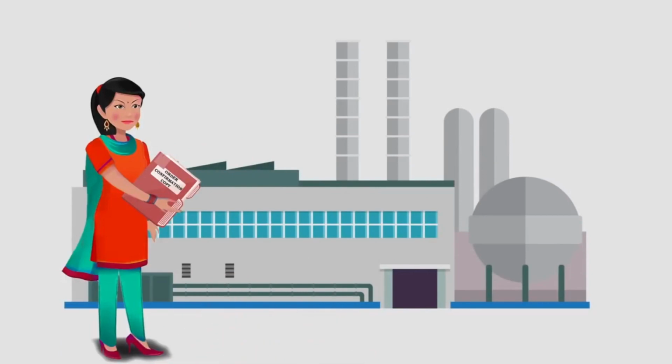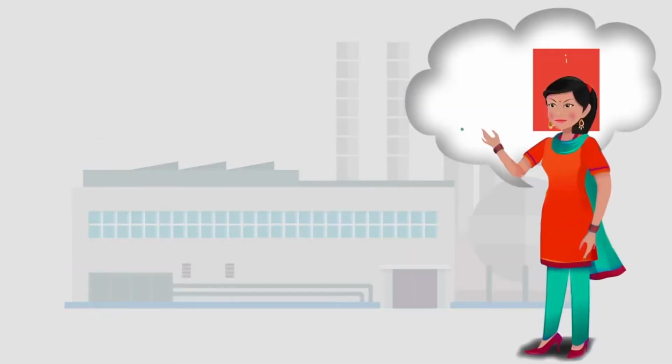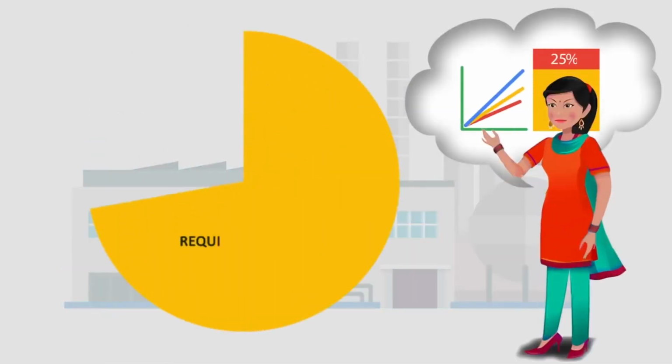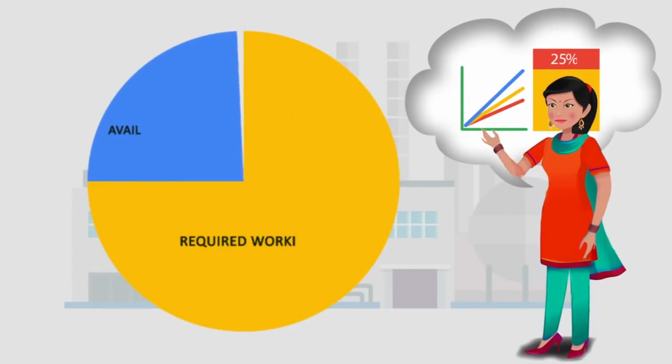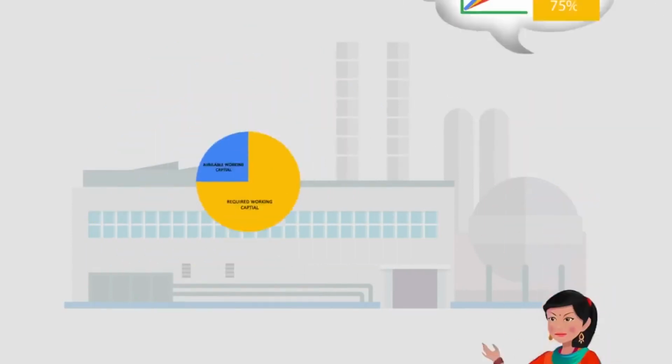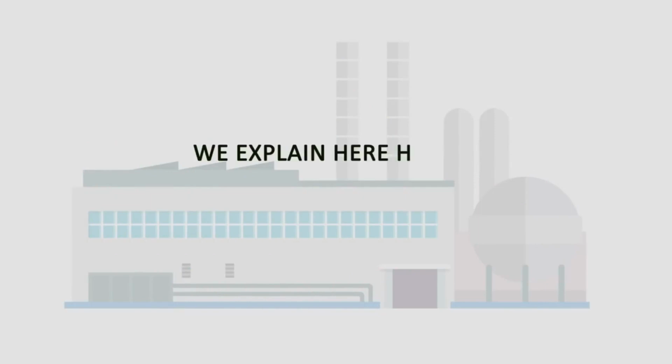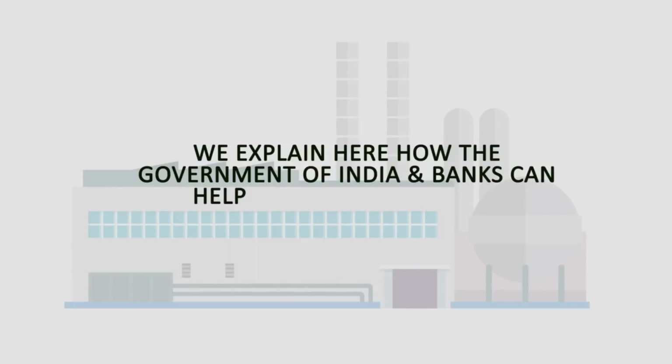Niku has got a confirmed export order and has now started manufacturing her export items. However, there is considerable working capital cost involved in the process and Niku does not have enough money to cover all the costs. Not to worry, we explain here how the Government of India and banks can help her cover her costs.